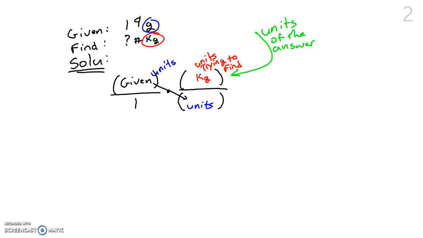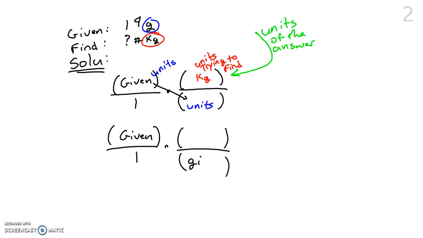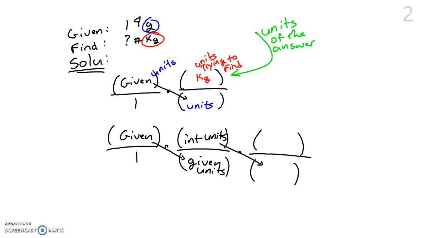So there may be a moment or a question where you're given this, you multiply it by another one. Here's another given units. You have intermediate units here. Alright. Now, these units have to be the same.